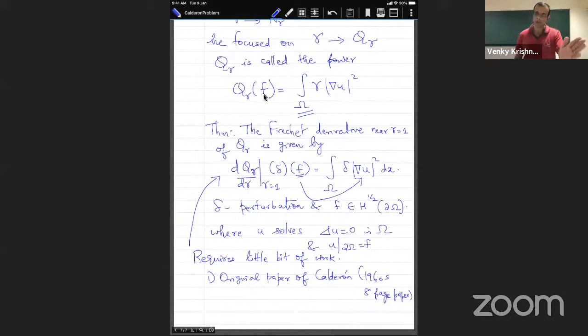So I consider q of 1 plus delta minus q of 1, and you want to set it up in the form of a Frechet derivative, where you consider a bounded linear operator plus some term which is of order delta squared, and as delta goes to 0, that term goes to 0, leaving you with the Frechet derivative.